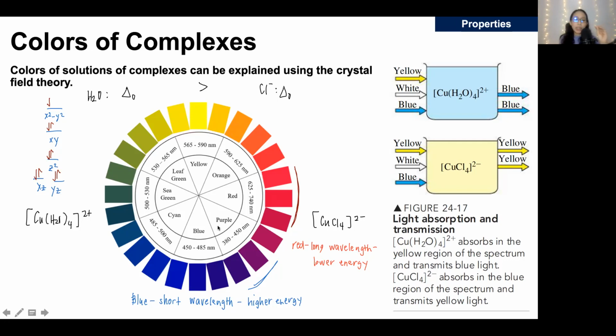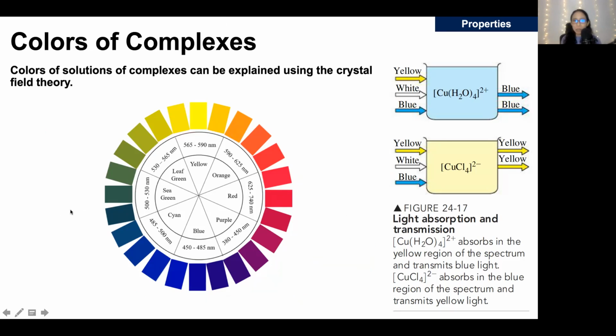Just keep an open mind that your crystal field splitting is also affected by the identity of your central metal ion. But again, for Chem 18, we are basing our discussion only on the spectrochemical series, which is based on ligands. So this is an exception.